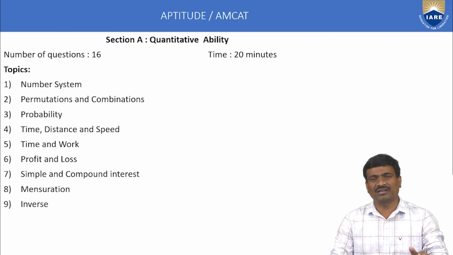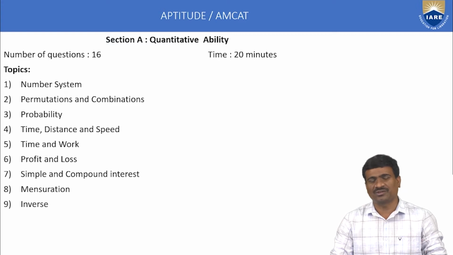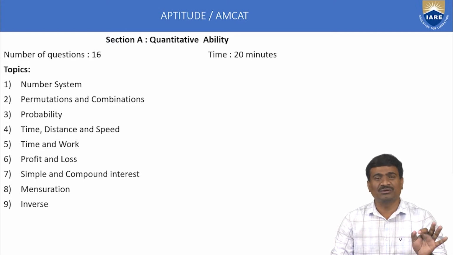You need to maintain 60% and above in each section, then only the first round is completed. No negative marks. Attempt all questions, whether correct or not, that is no issue. But the minimum target is 60% and above.